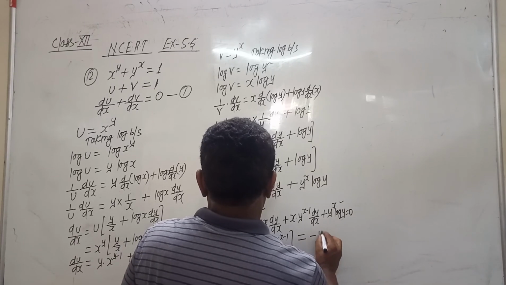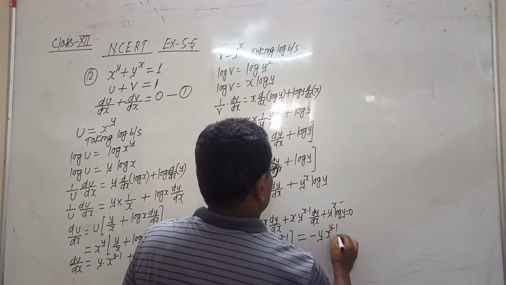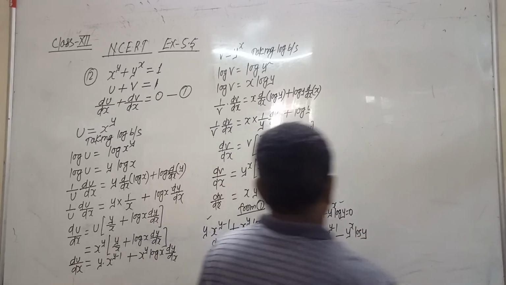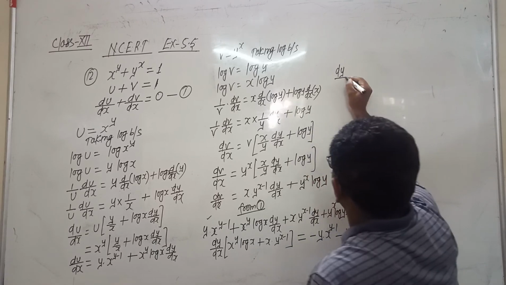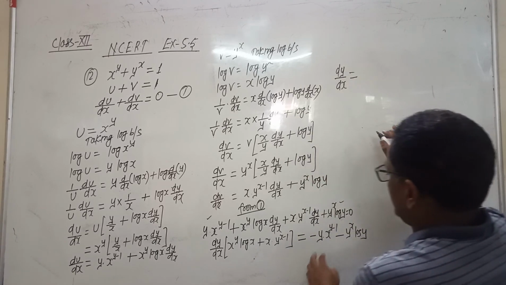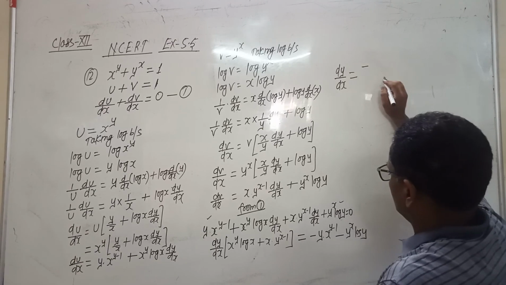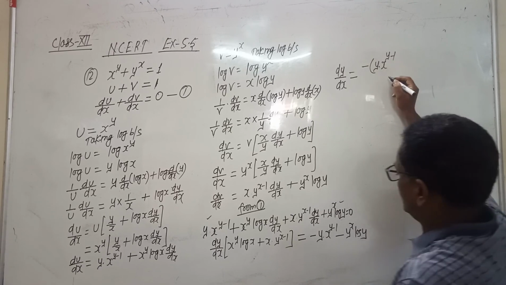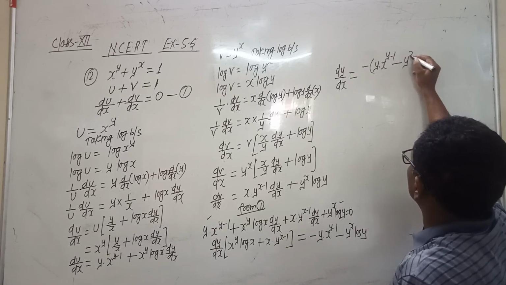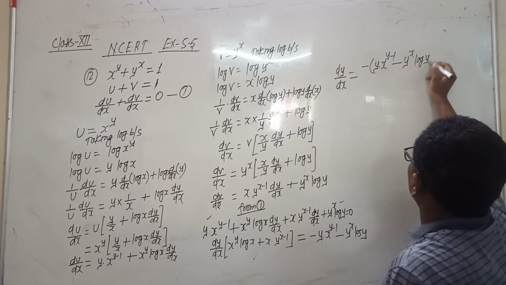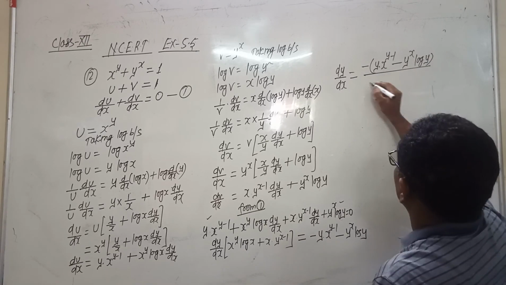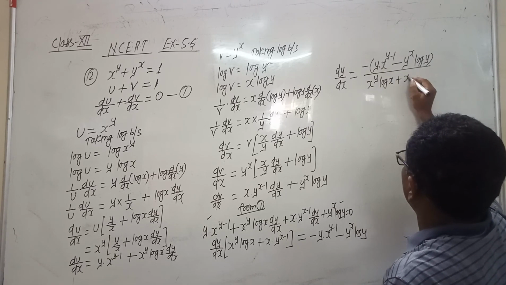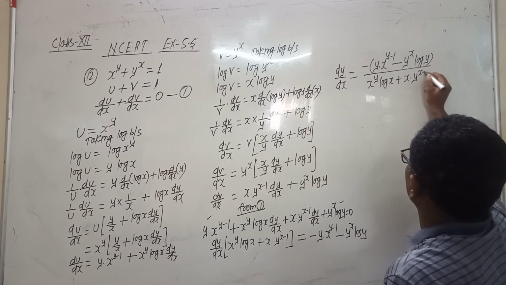So minus of y into x raised to the power y minus 1, minus of y raised to the power x into log y, and the value of dy by dx becomes equal to, taking minus as common, y into x raised to the power y minus 1 minus y raised to the power x into log y upon x raised to the power y into log x plus x into y raised to the power x minus 1.